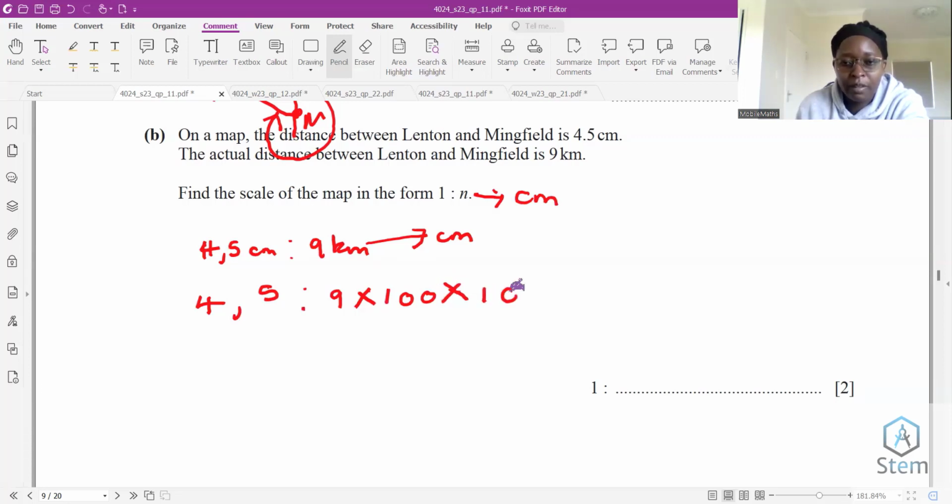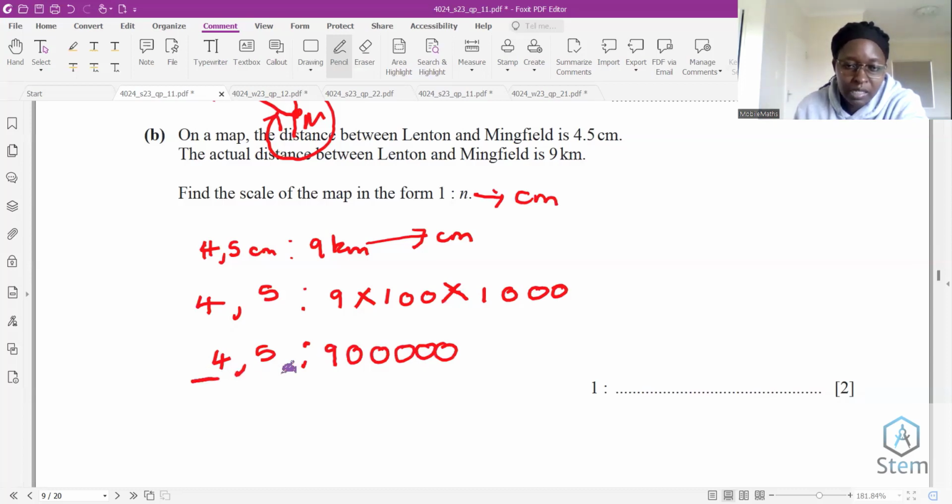So we have so many zeros now. This is going to give us 4.5 as to 9 and 5 zeros: 1, 2, 3, 4, 5. So we are going to divide all sides by 4.5, also dividing 900,000 by 4.5.